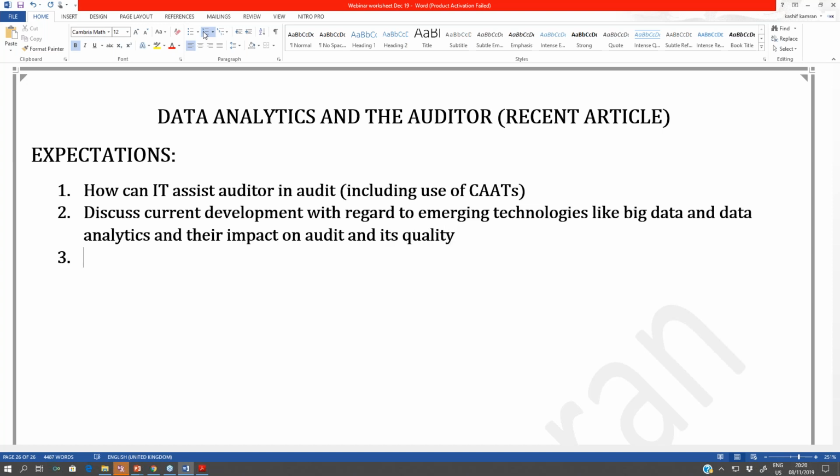And the last thing the examiner expects from you is that you should know the meaning of the term data analytics.